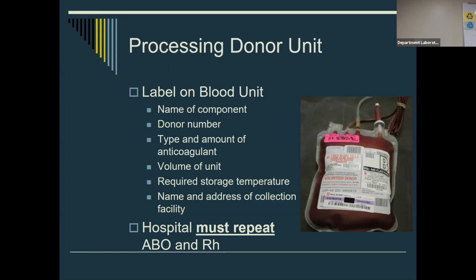Most all blood banks are computerized now. So when you bring in the inventory, you can scan all your labels. It'll log in your collection facility, the type, and the expiration date. This has reduced a lot of human error by scanning barcodes.